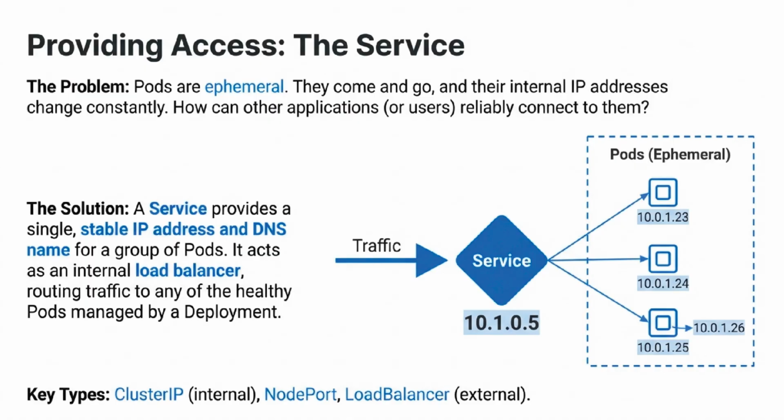You have different key types: cluster IP for internal access, node port for basic external access, and load balancer for exposing the application to the outside world. Services create a reliable surface area for communication, even though pods underneath are constantly changing.